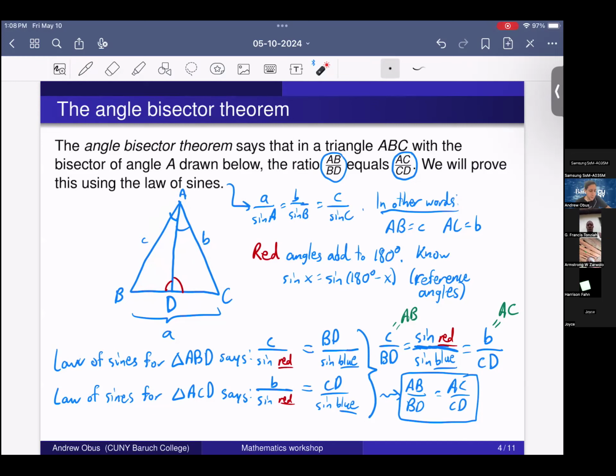Okay, and it comes from applying the law of sines to each triangle, which allows you to set each ratio equal to the sine of the red angle divided by the sine of the blue angle. Okay, maybe I should say that what this means is, so sine of both red angles is the same.